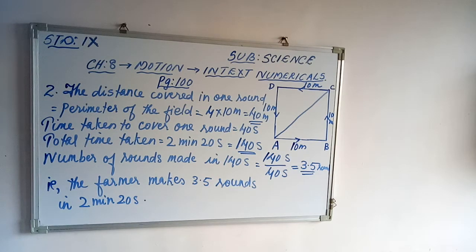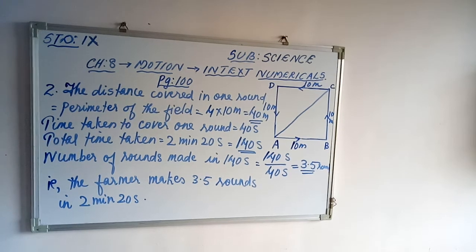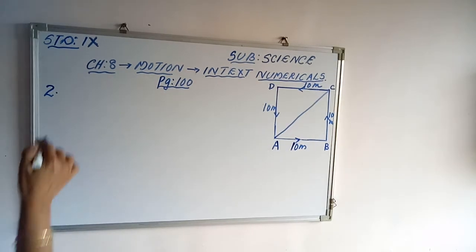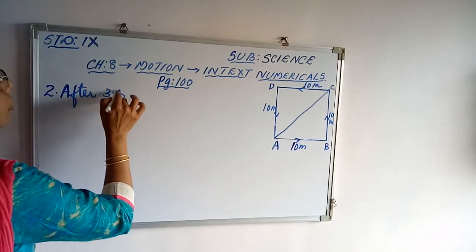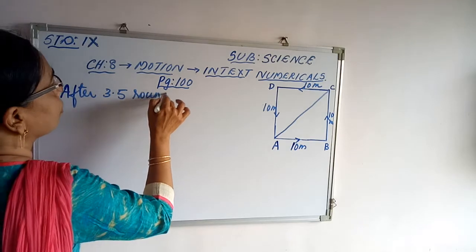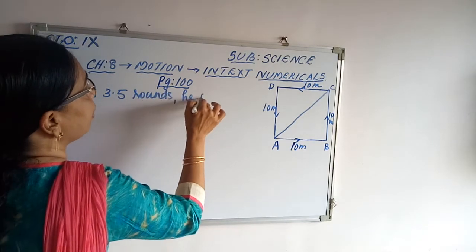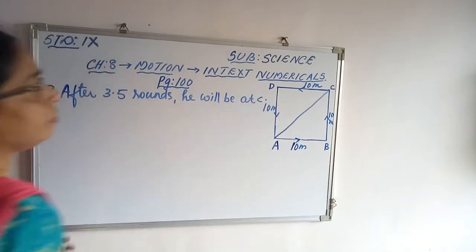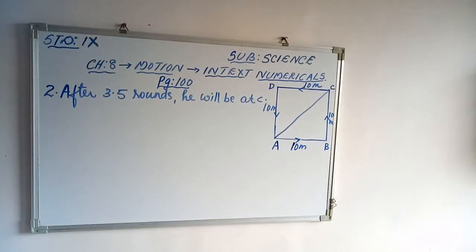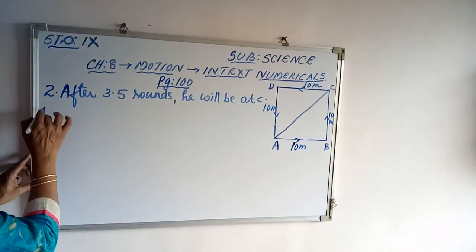So after 3.5 rounds or after 2 minutes 20 seconds he will be at C, isn't it? Therefore, the displacement is AC.